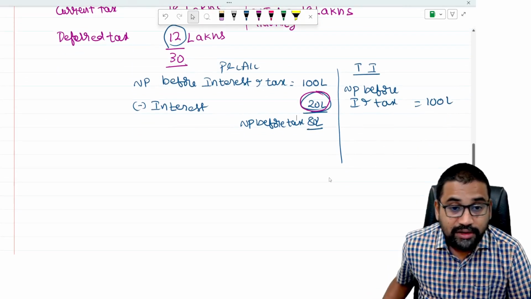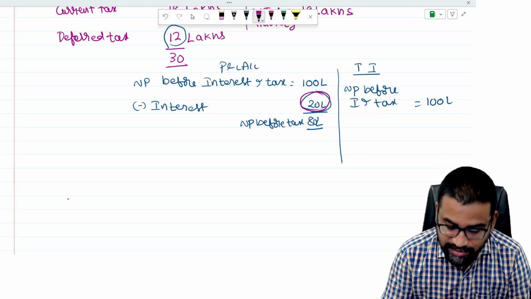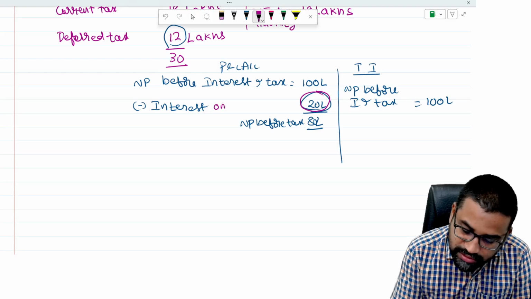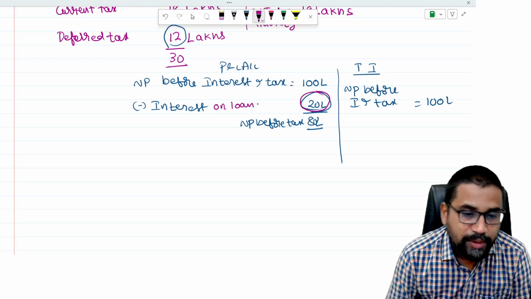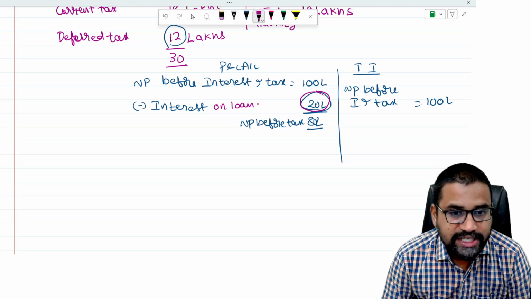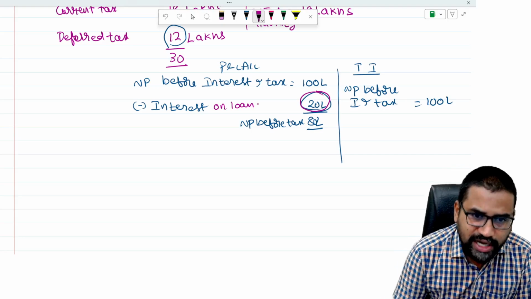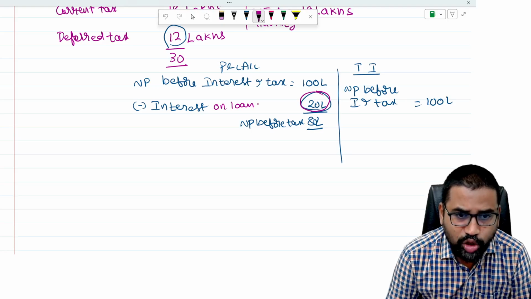This is interest on loan, sir. Suppose we have taken a loan from a bank or a financial institution. On that loan we need to pay interest. Now current year interest expenses is 20 lakhs. Now you debit to P&L account, because expenses incurred we write to P&L account.